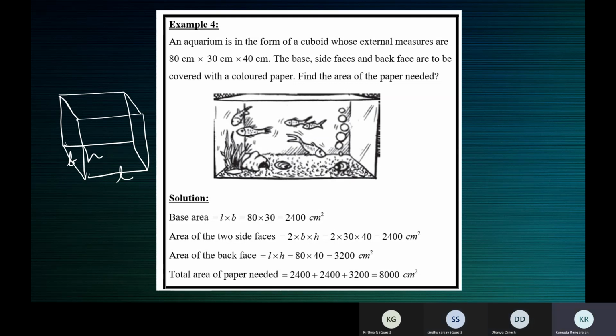Square units. Side face. B into H, ma'am. The side faces B into H. Top face. L into B, ma'am. This is L, this is B. Bottom face. L into B.